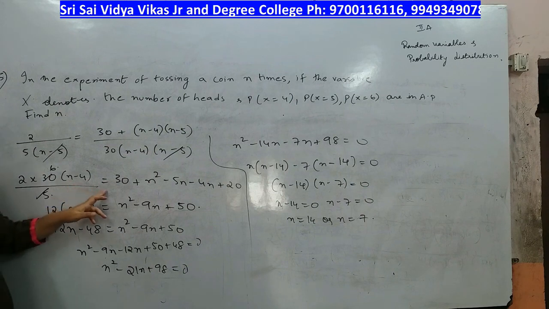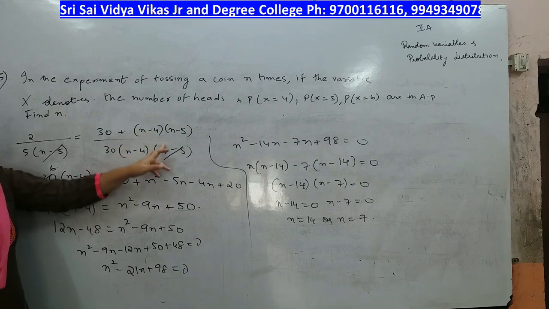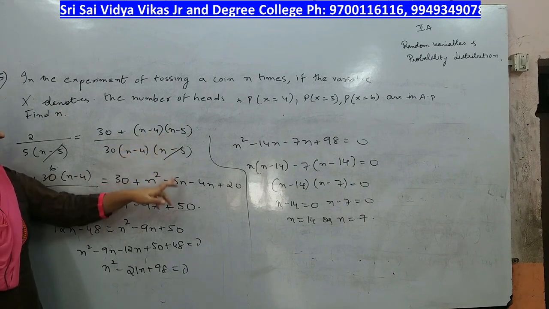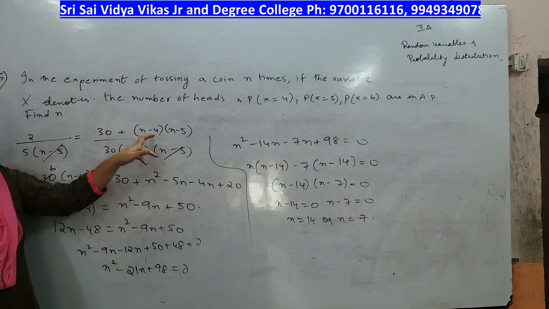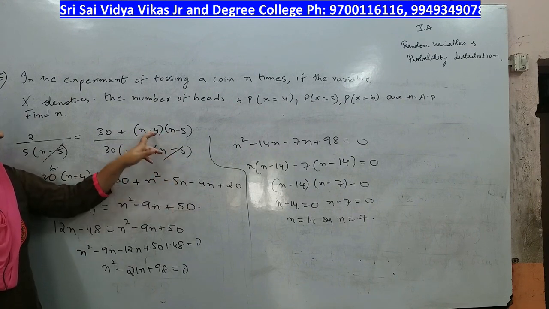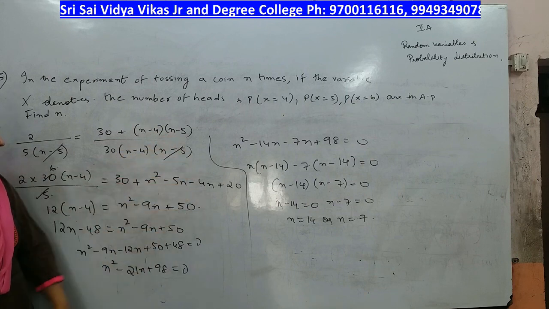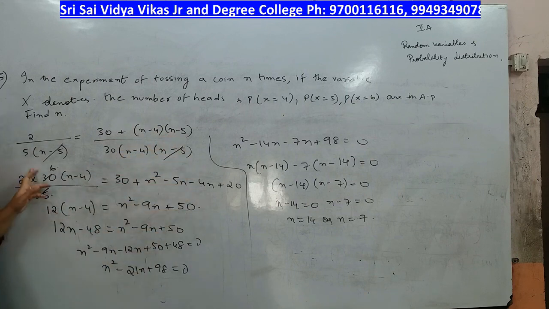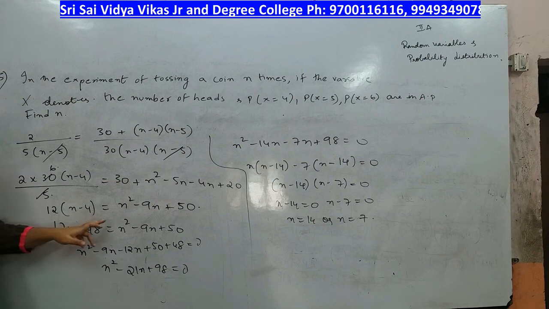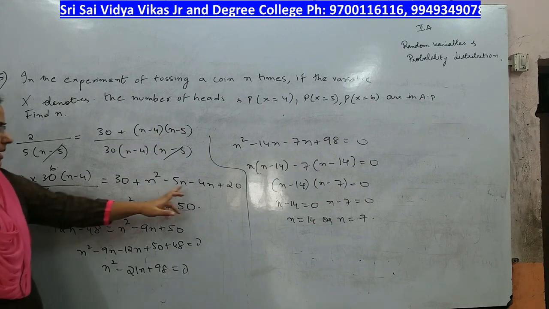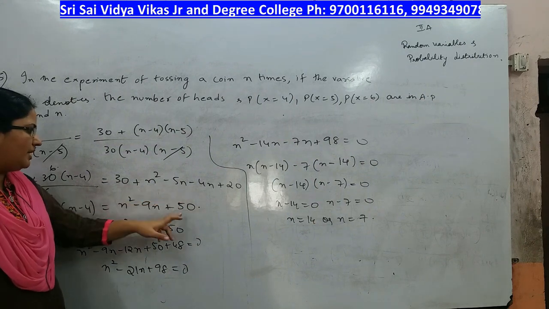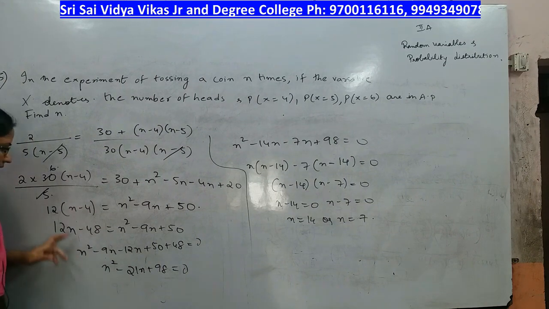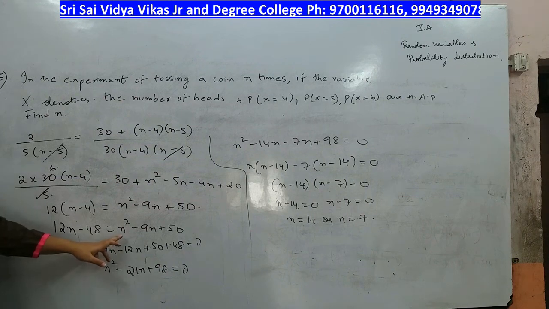That is 12 into n minus 4 is equal to 30 plus n square minus 4n minus 5n plus 20. So 12 into n minus 4 is equal to n square minus 9n plus 50. Multiplying these terms, 12n minus 48 is equal to n square minus 9n plus 50.